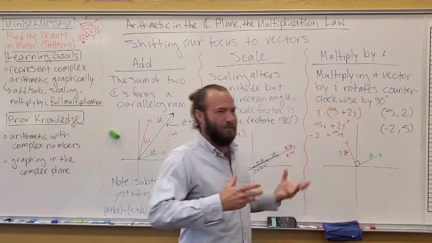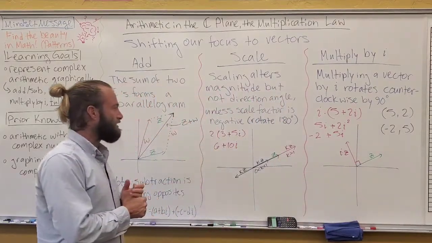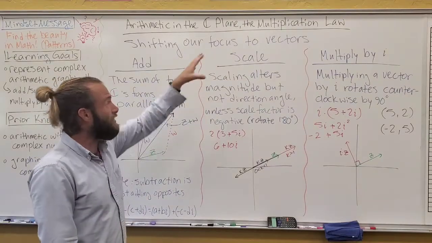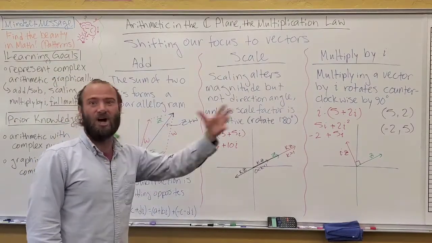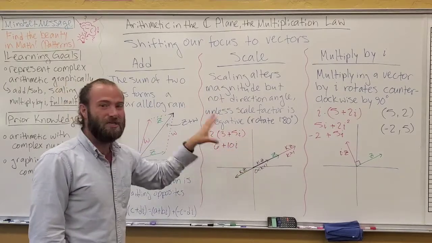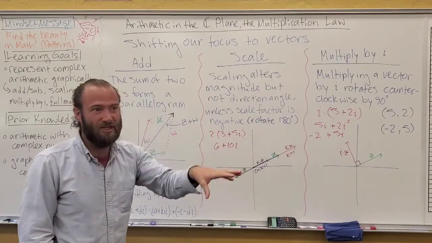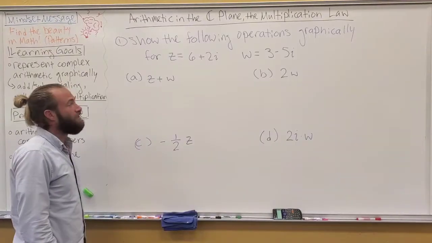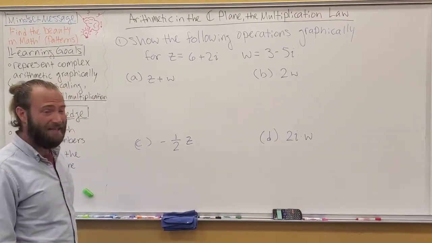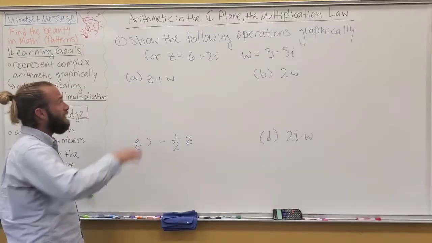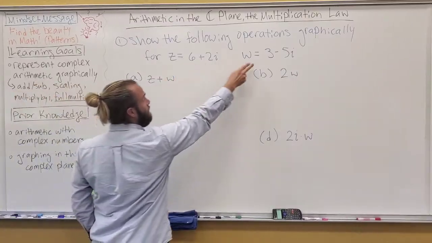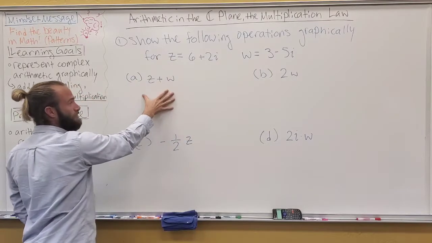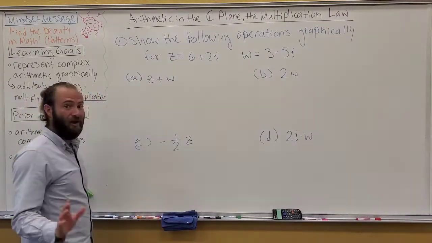So let's just get a little bit of practice putting that into practice. And then we'll jump into our main thing with full-on multiplication, because each of these pieces will factor into how we make sense of multiplication. So just to get a little bit of review and practice, why don't you go ahead and look at these two complex numbers, z and w, and represent each of the operations here graphically.